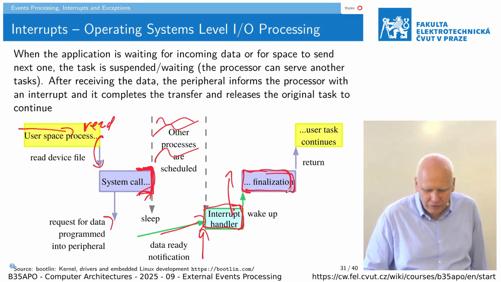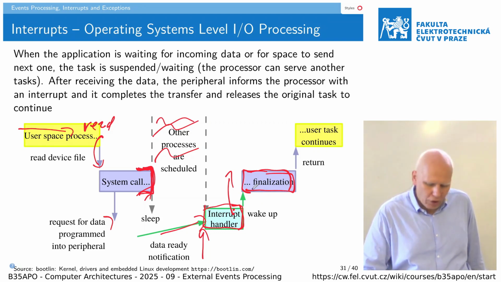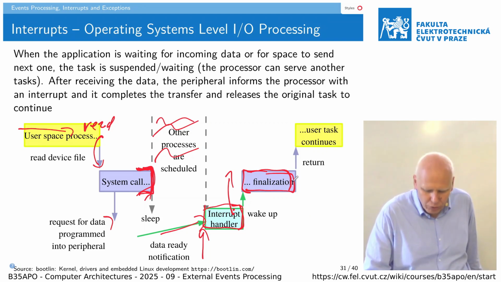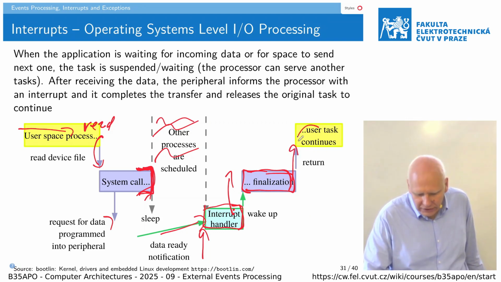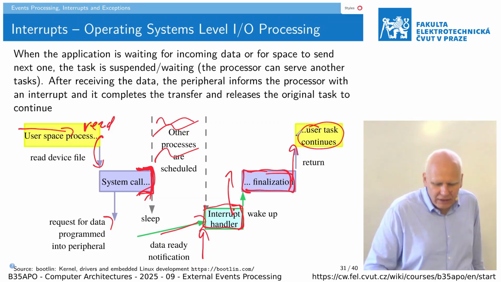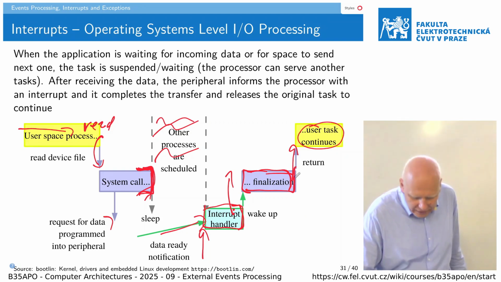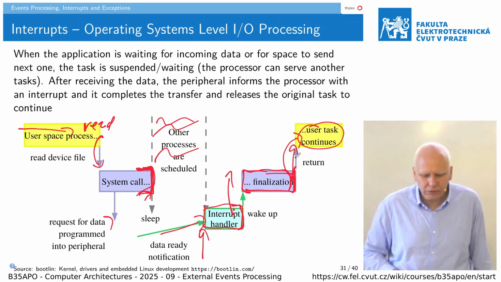Then the finalization part of the read system call takes the values, or maybe it will cycle to get, for example, a whole line. Then it copies the data to the space provided in the user application, and then the return from exception, system mode or machine mode return from exception, occurs, which returns back to user mode.